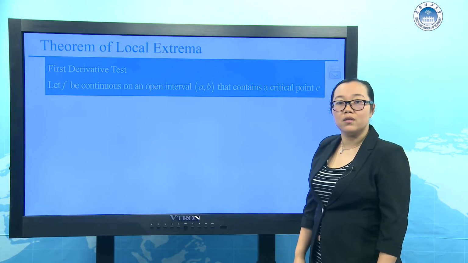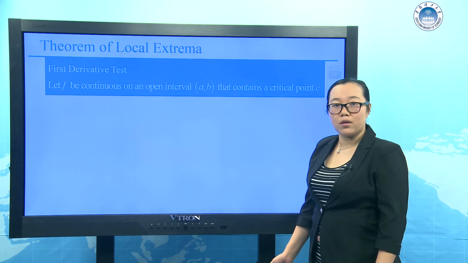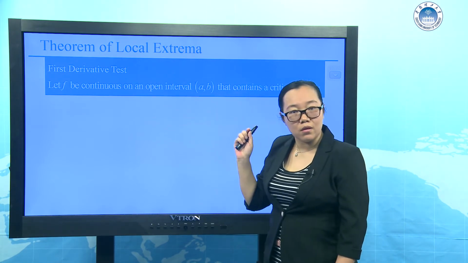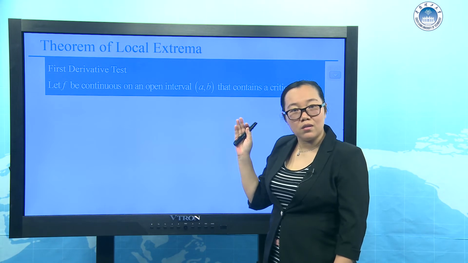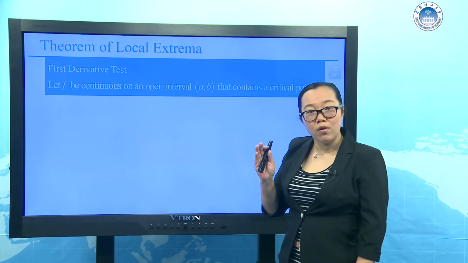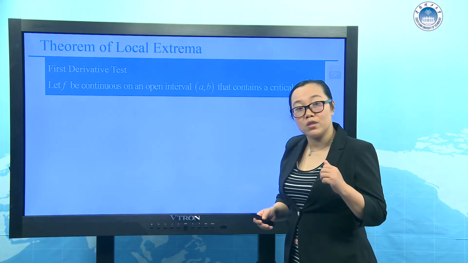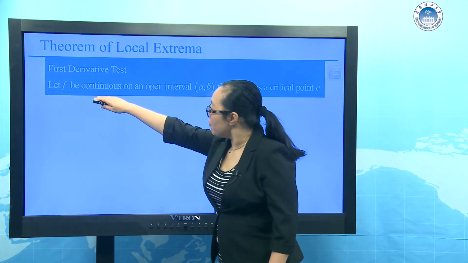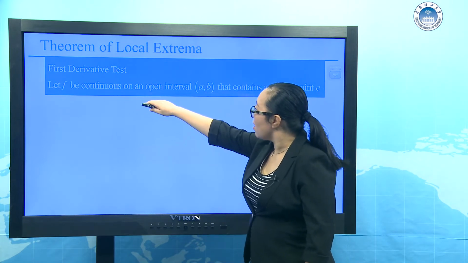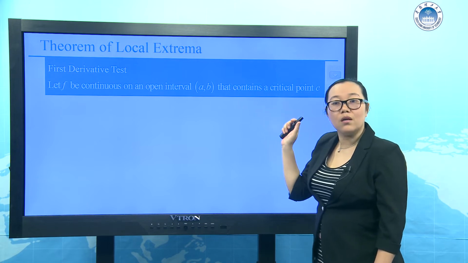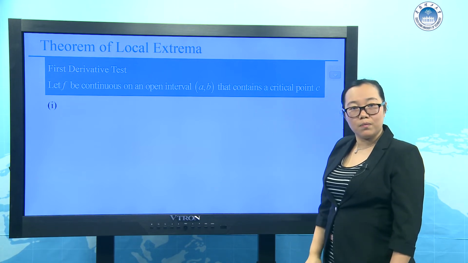Now look at the theorem of local extrema, the first derivative test. Look at the theorem name. First derivative means using the first derivative signs. Let f be continuous on an open interval ab that contains a critical point c.